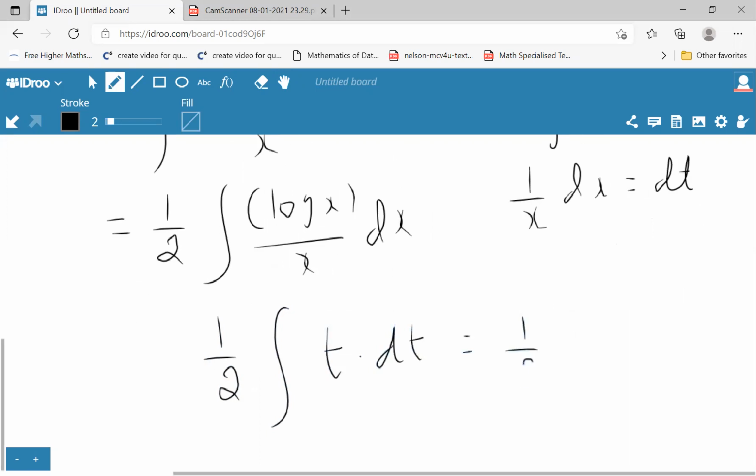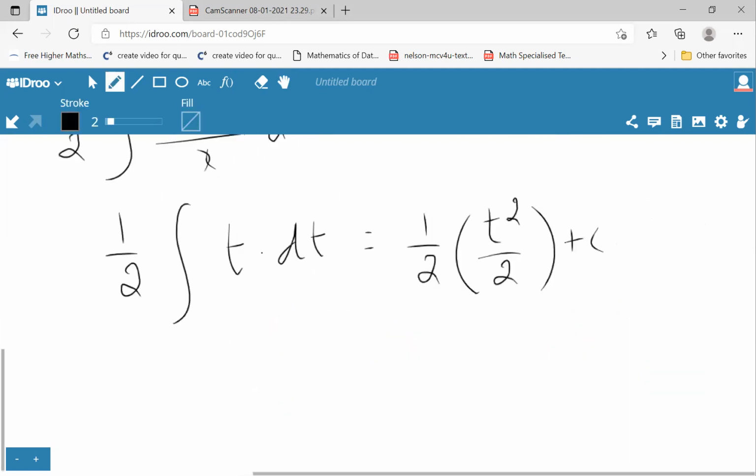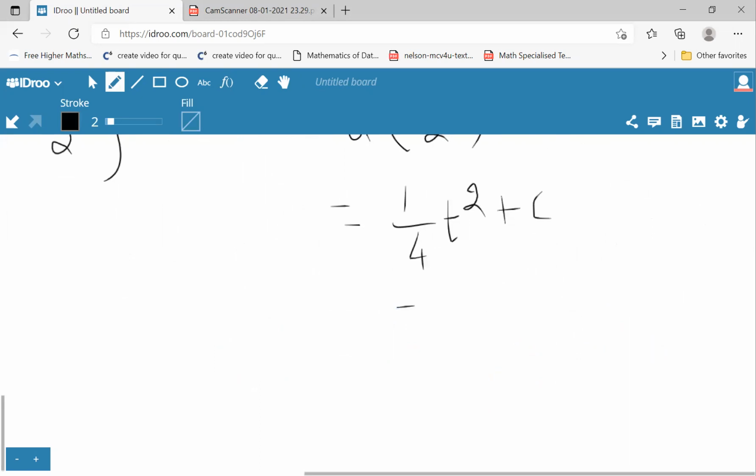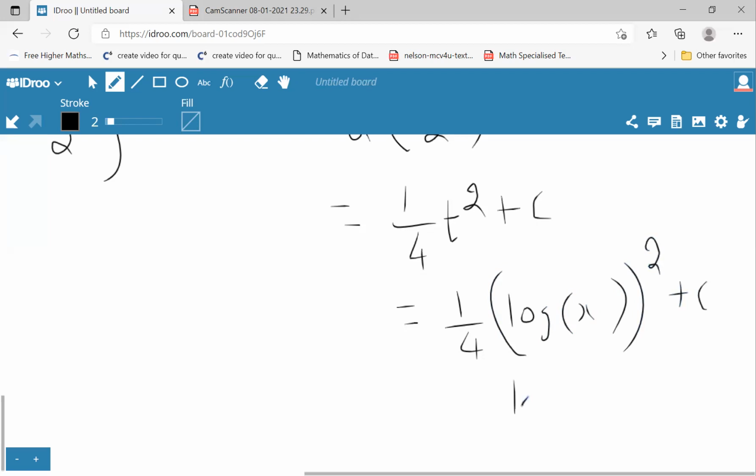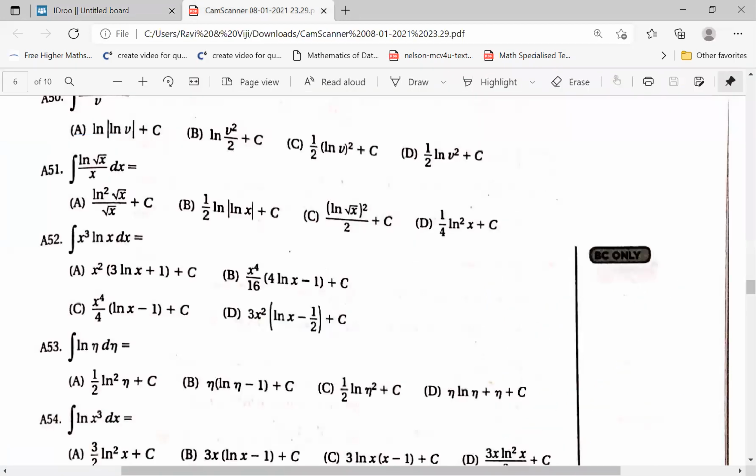On integrating, you get half into t squared by 2 plus c, which is nothing but 1 by 4 t squared plus c. Substituting back for t, you get 1 by 4 log x the whole square plus c, or log x the whole square by 4 plus c is the correct option. So option D is the correct option.